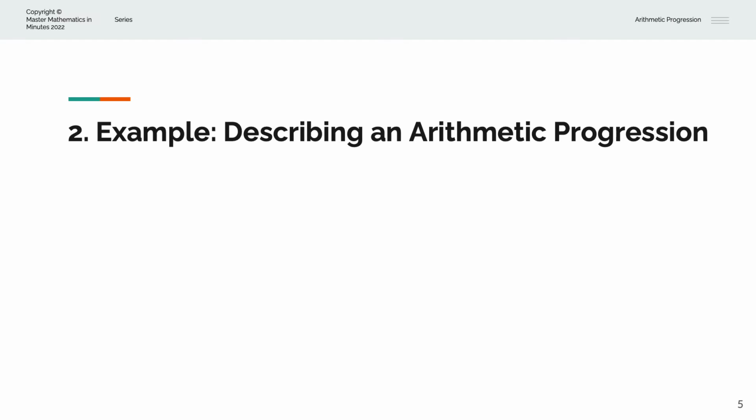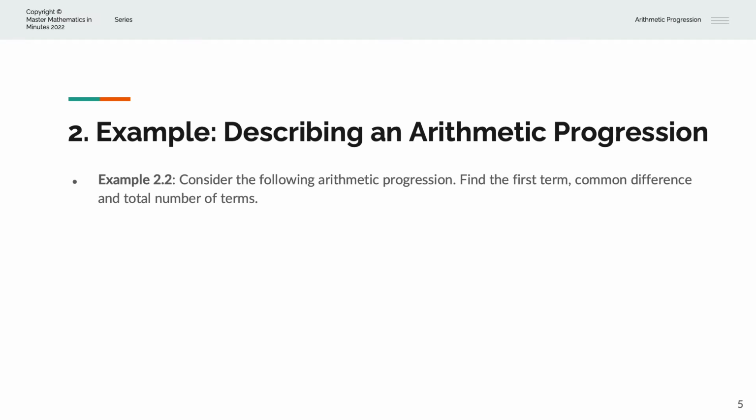In the second example, we're asked to consider the following arithmetic progression: 5, 8, 11, 14, 17, and so on. And we're asked to find the first term, common difference, and the total number of terms. The first term, in this case, is 5.